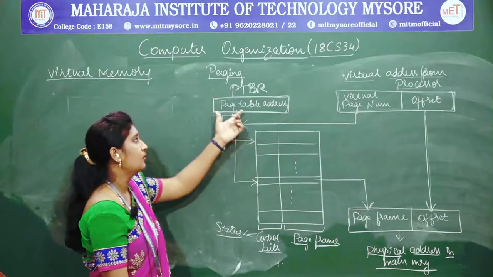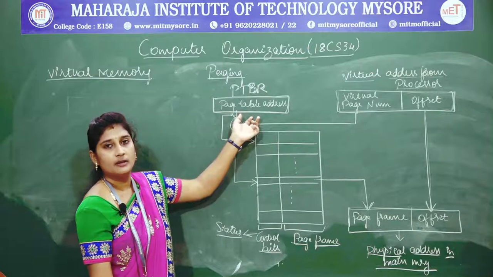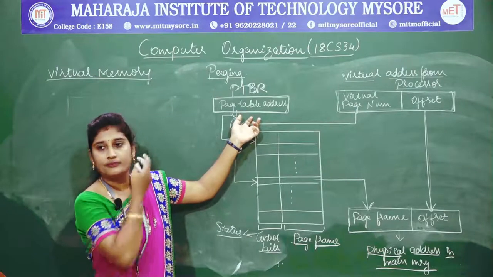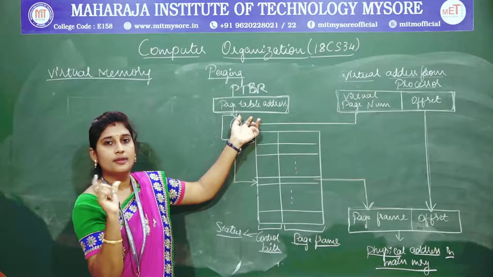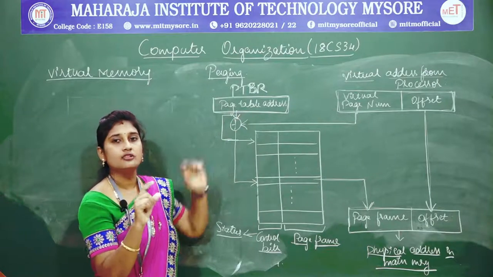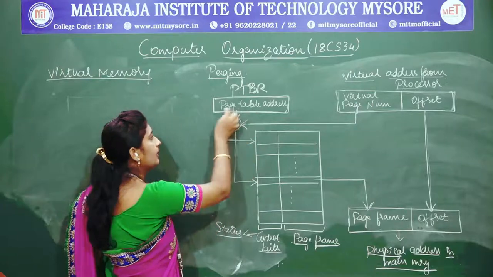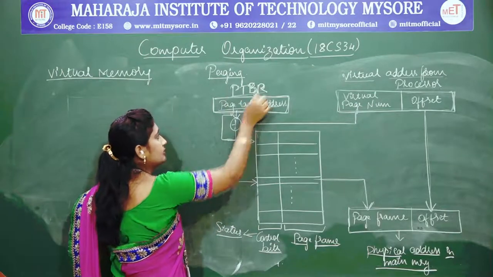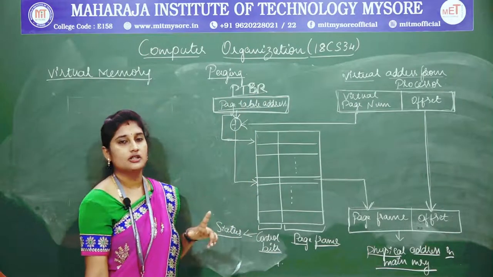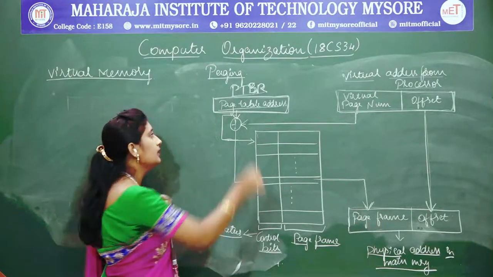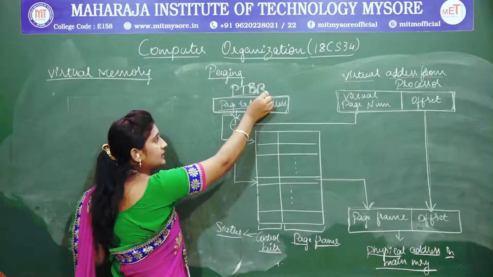The virtual page number is sent to the page table, where the address of the main memory where the actual page is present is stored, and the first address, that of the first page, is stored in the page table base register.